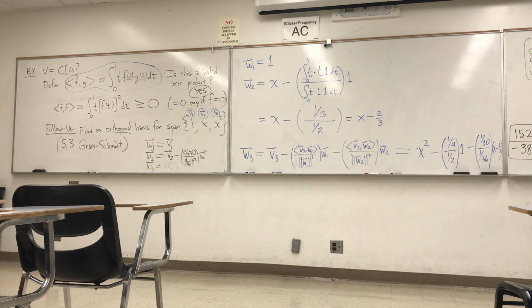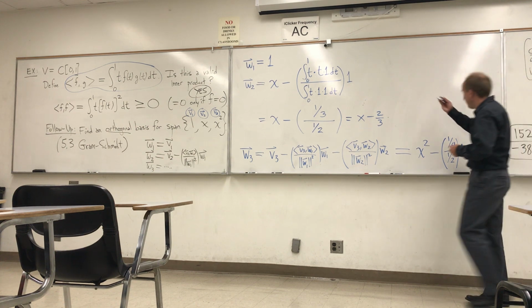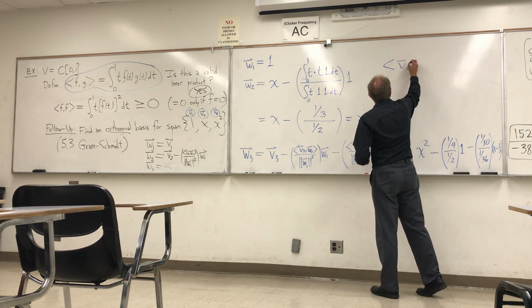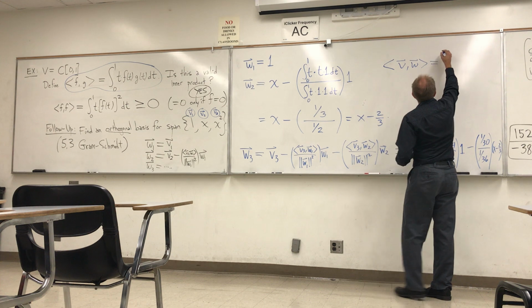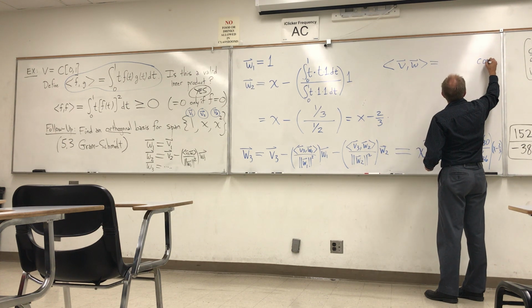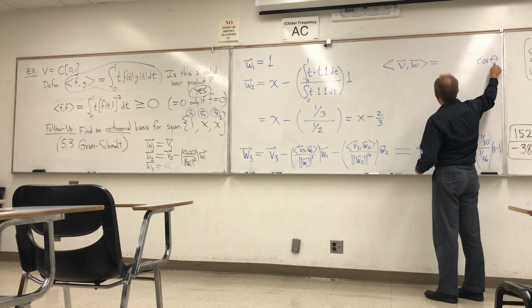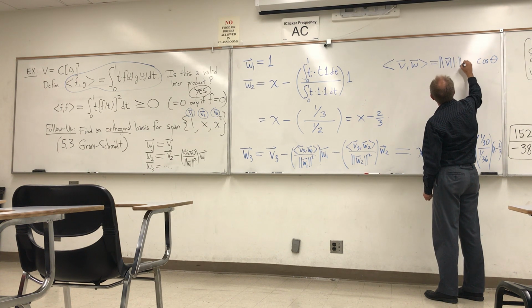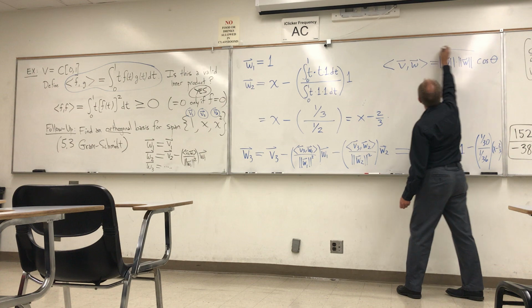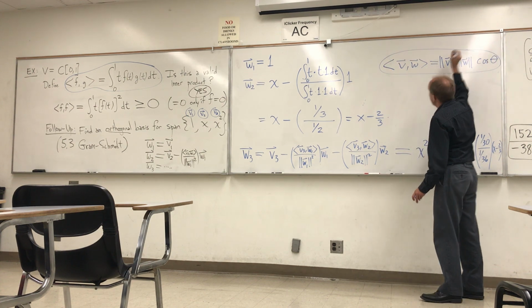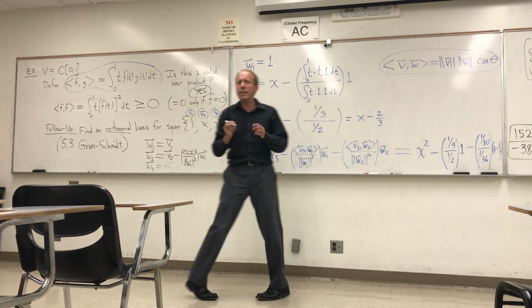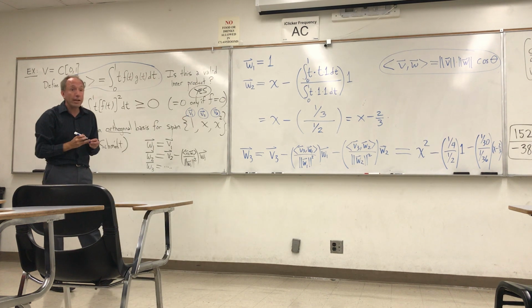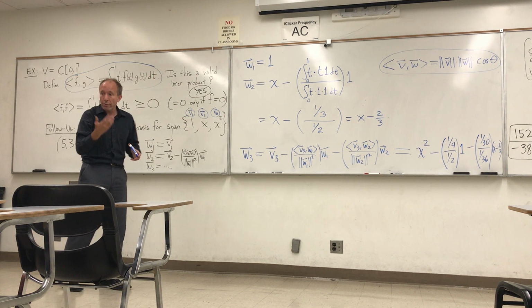Do you know how to find the angle between 2 vectors in an inner product space? Cosine equals the inner product. So there's a cosine of theta in there, right? And that's where the angle comes from. And it has the magnitude of V and the magnitude of W times the cosine of theta. So I think I had one of those on the exam, right? And it said find the angle between these 2 vectors, and it could be, you know, whatever the vector space is.